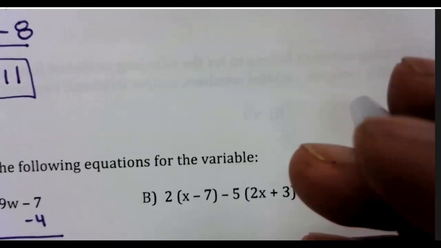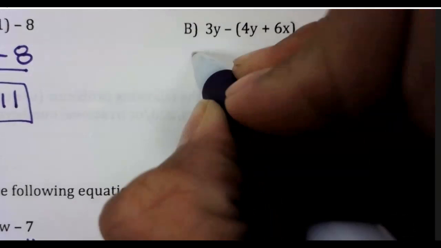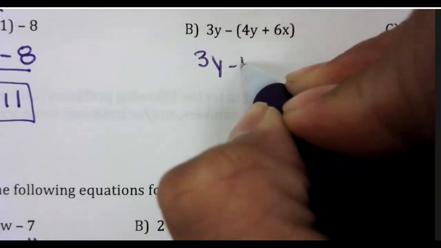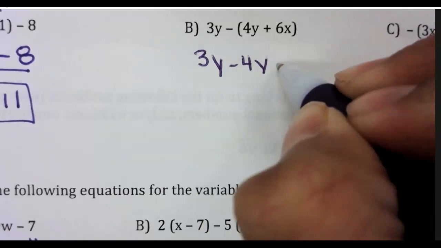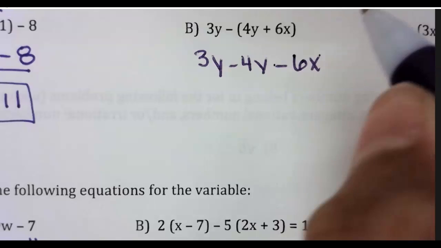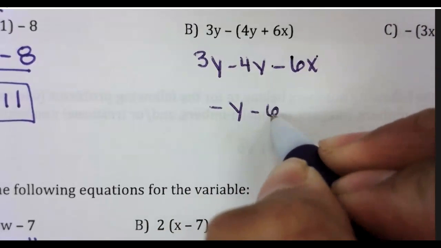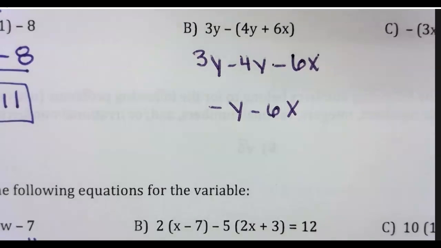So in example B, it's 3y minus 4y minus 6x. Combining like terms, you get negative y minus 6x.